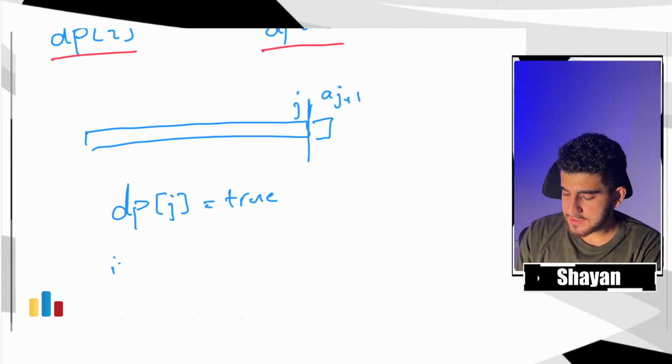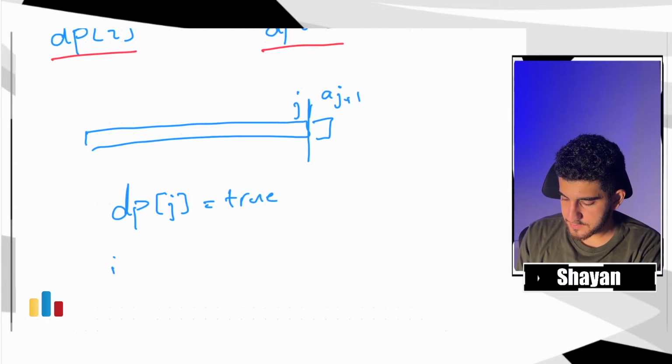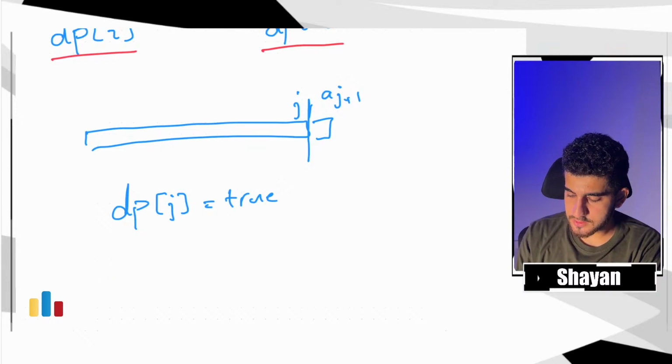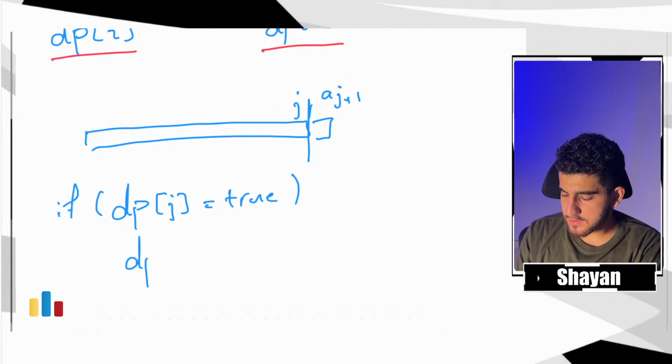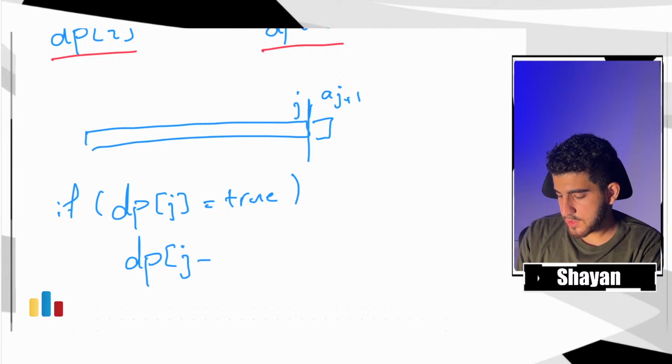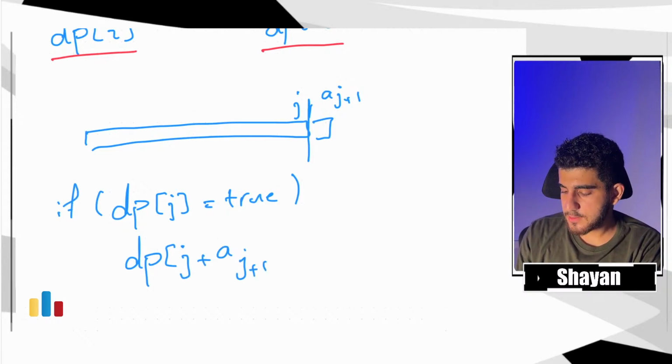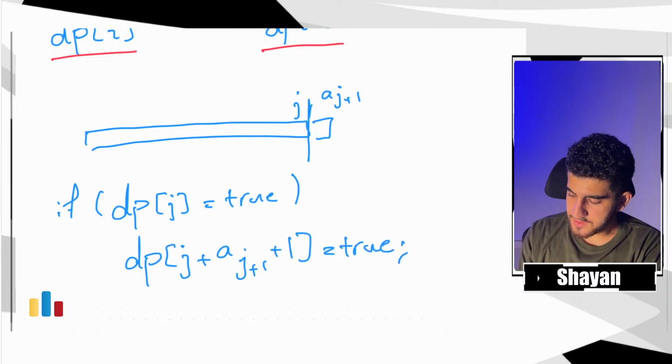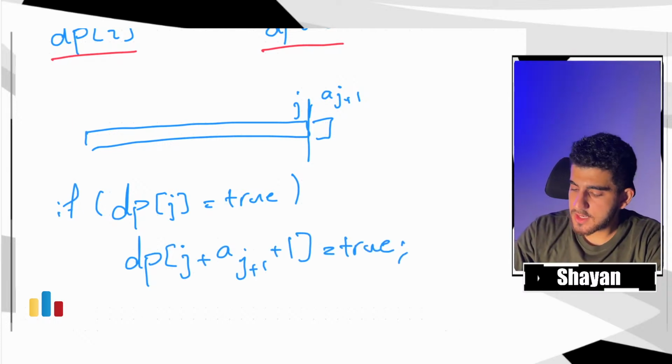Then I say that if dp of j was true, I will set dp of j plus a sub j plus 1 equal to true, because we can have the next segment like this.